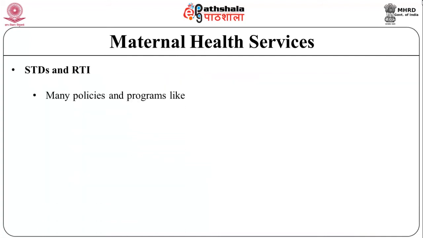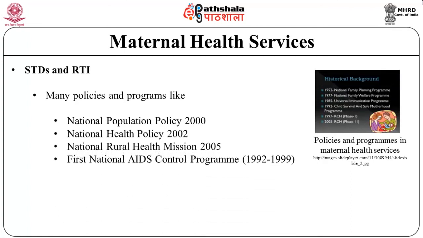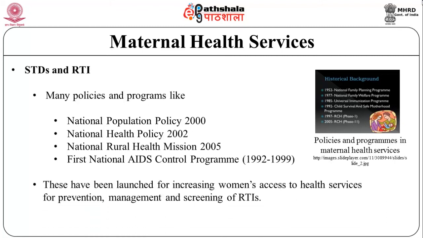Many policies and programs like National Population Policy 2000, National Health Policy 2002, National Rural Health Mission 2005 and First National AIDS Control Program 1992 to 1999 have been launched for increasing women's access to health services for preventing, managing and screening of RTIs.